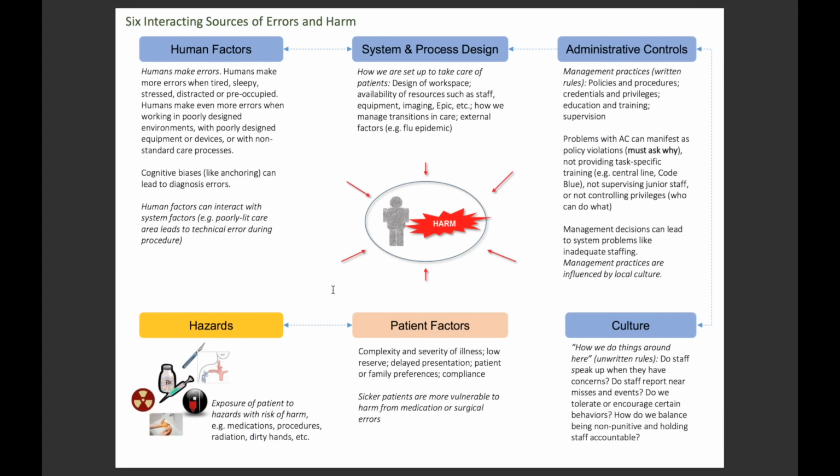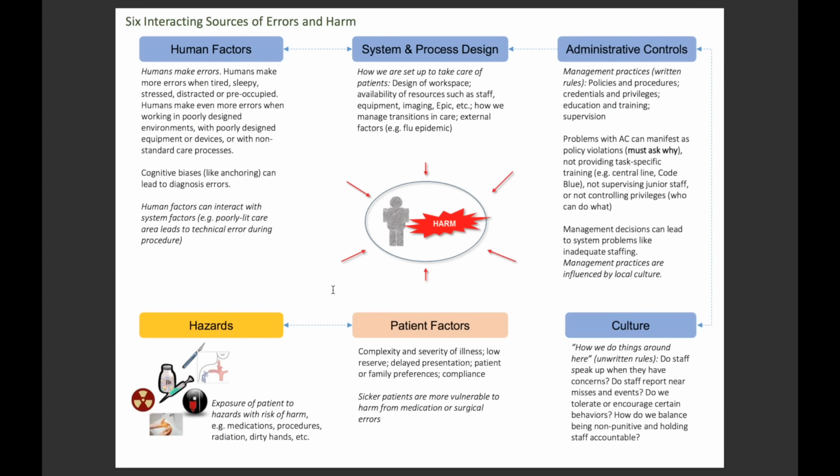She was an African woman, American citizen, who visited Africa and felt warm, and everyone thought she had malaria, and they couldn't get off the idea that she had an infectious disease, when indeed she had something quite common, hyperthyroidism. So we can all be led down the garden path by what our brains tell us. And human factors interact with system factors, poorly lit care areas, poor processes and procedures, and can lead to harm.